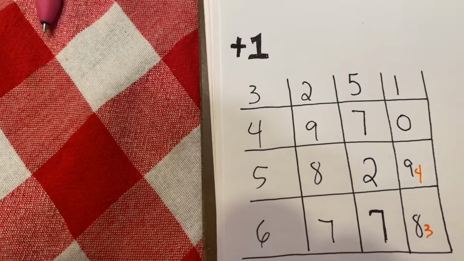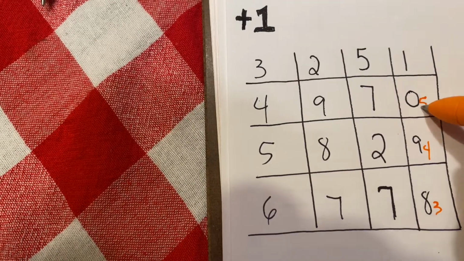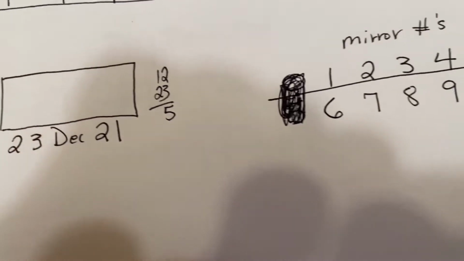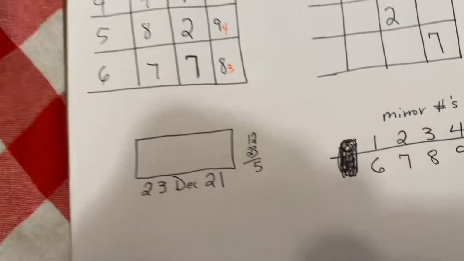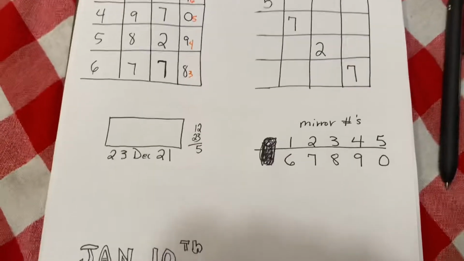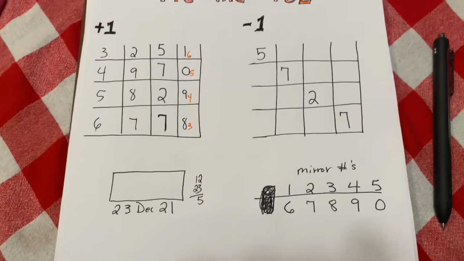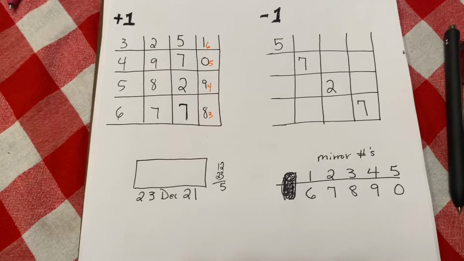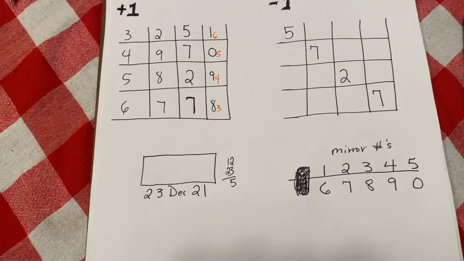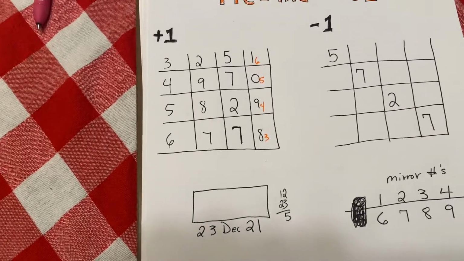So 0 is a 5. 1 is a 6. Write that in. So this chart right here will help you guys on doing that. I just want to show you guys how to do that. And if you see that, then we complete our whole entire box there. So we just go around and fill them in.